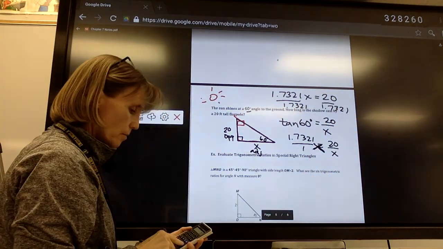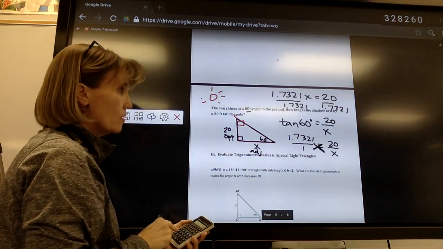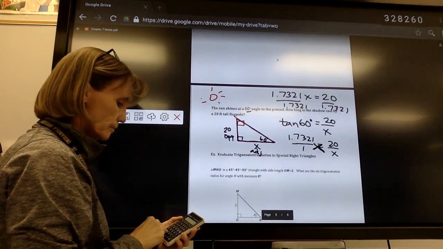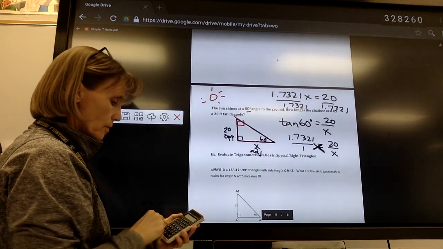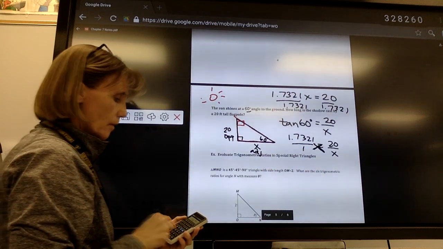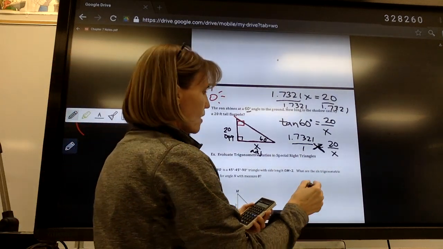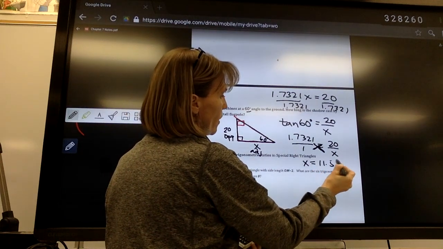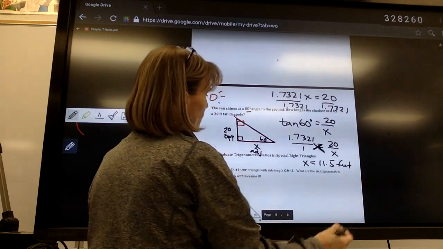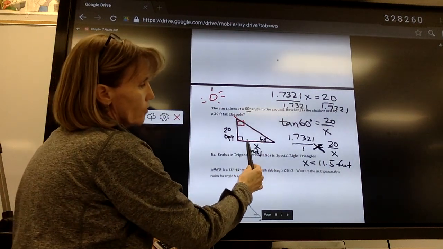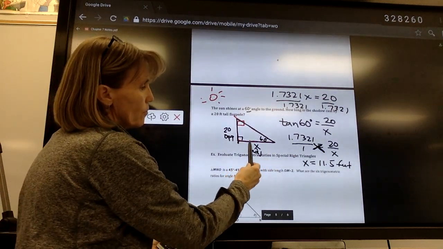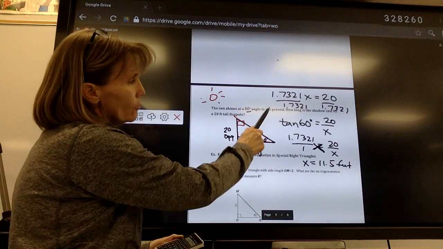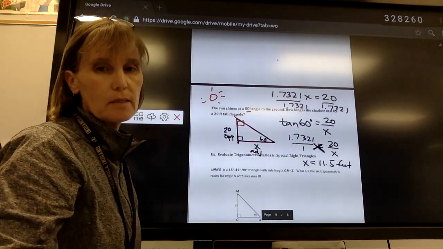So 20 divided by 1.7321, and hit equals. And I get 11.5. I'm going to round it, so x is equal to 11.5 feet. That shadow along the ground would measure from the base of the flagpole and be 11.5 feet out. So that's how you're going to set up and find a missing side length.